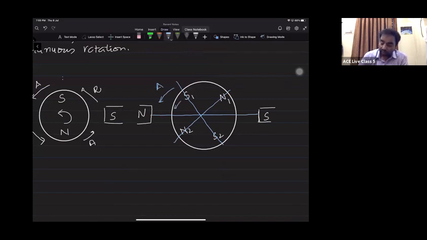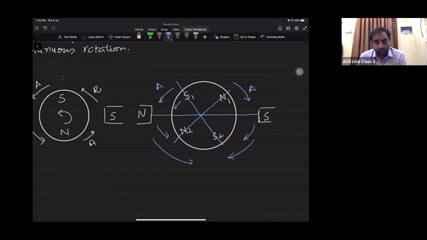But at the same time, what is existing between these two? Attraction. So these two forces are acting in opposite direction. At the same time, what is existing between these two? Repulsion. And between these two? Repulsion. Then you can see these forces and these forces are acting in opposite direction, and hence the resultant force acting on the rotating part will be 0.